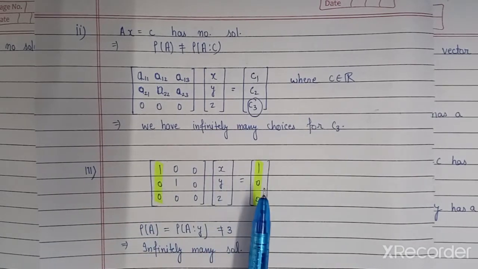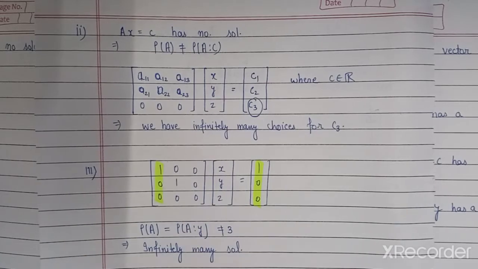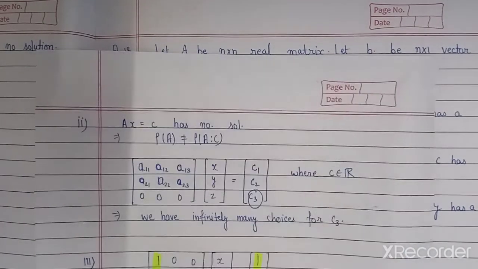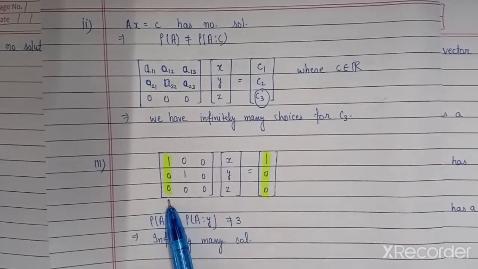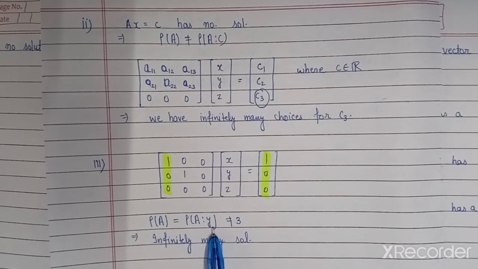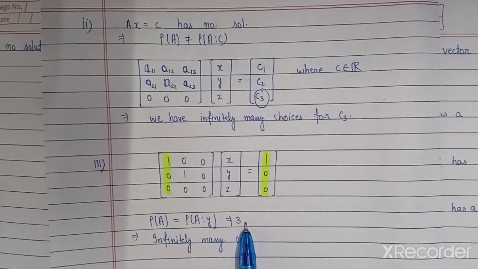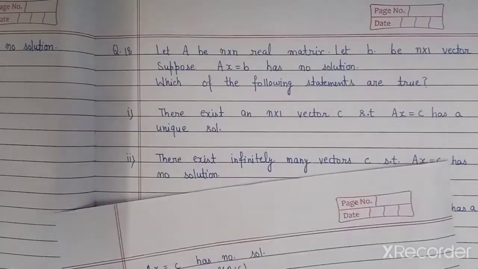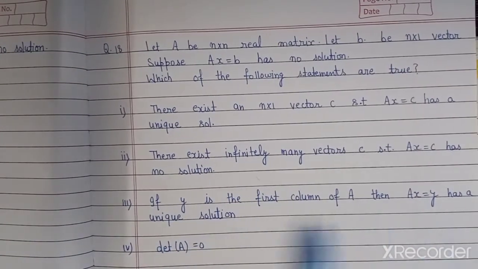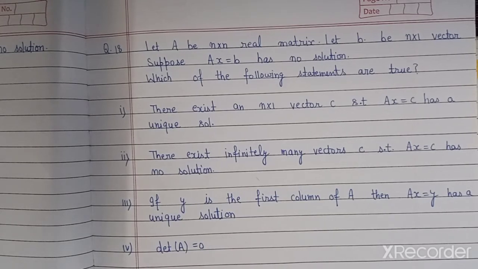So the first column of A is equal to y. So this is y and this is A. Here rank of A is equal to rank of A augmented B, which is not equal to 3. Obviously it has infinitely many solutions. But in the option it says that it has a unique solution. This implies option number 3 is wrong.